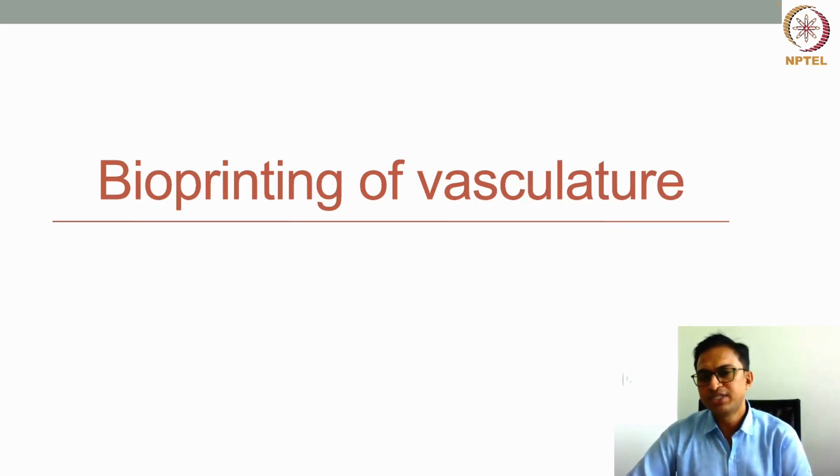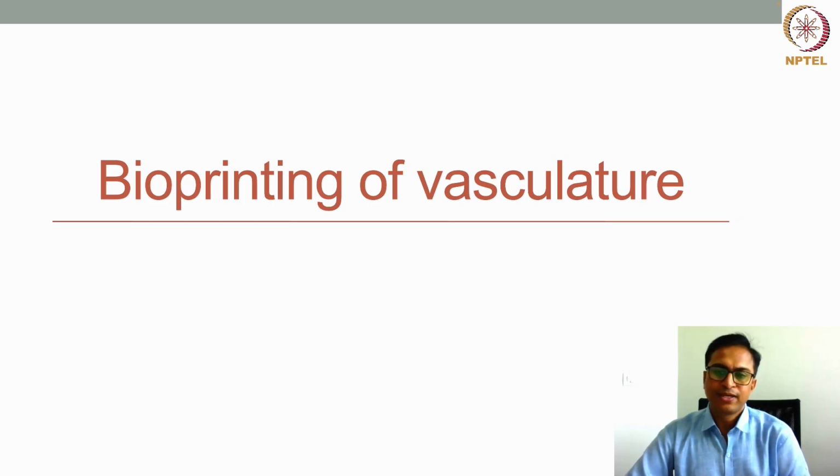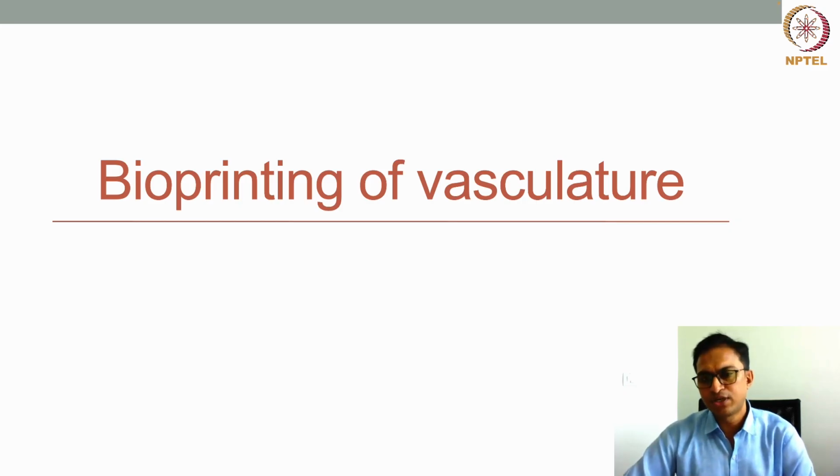As I have already mentioned in my earlier lectures, vasculature is the most important thing for sustaining the growth and function of different target tissues and organs. So the very first challenge to fabricate solid organs is the fabrication of vasculature, or an embedded vasculature system, within that bioprinted organ.